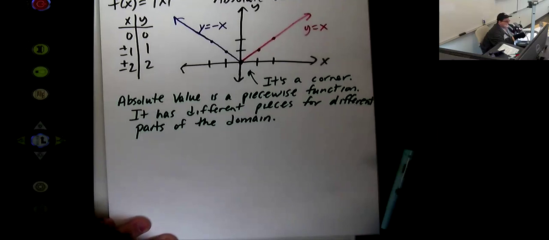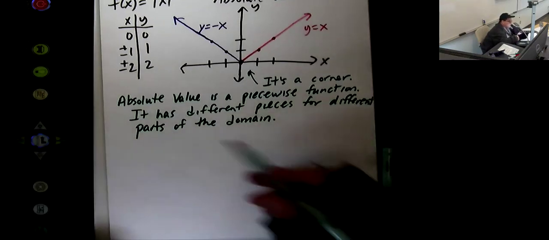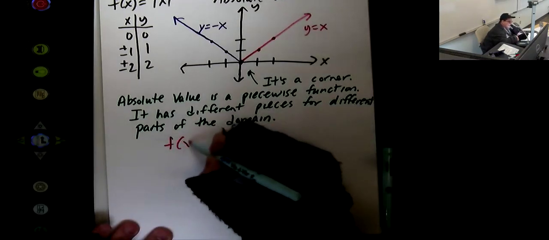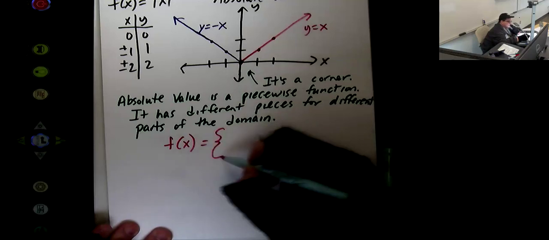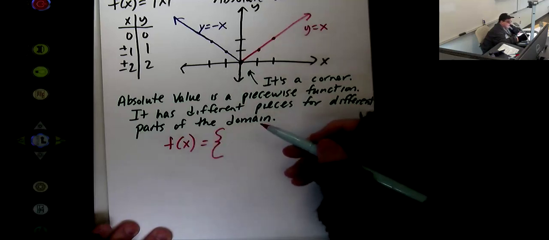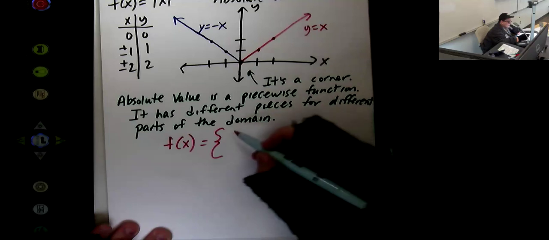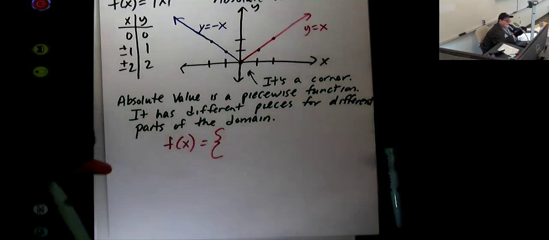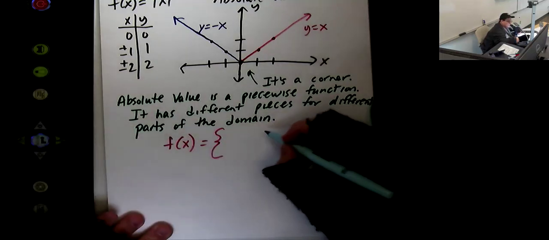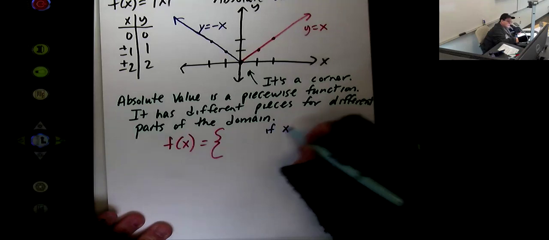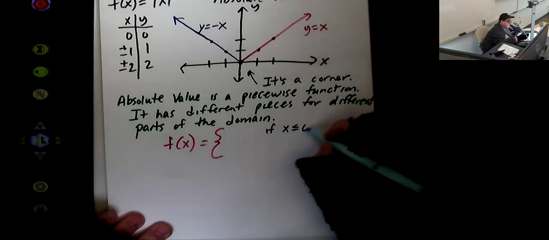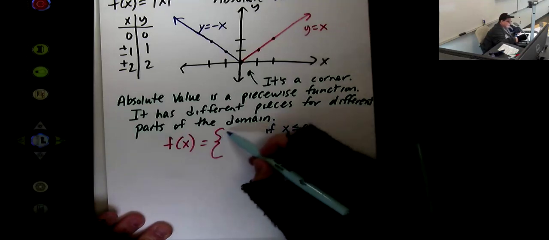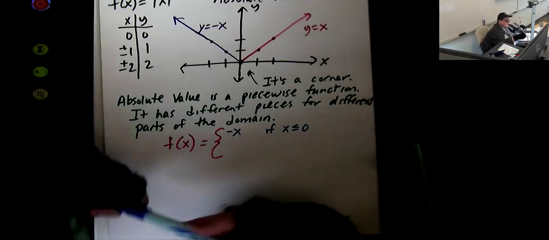How we would write this as a piecewise function: we use a curly brace. And we say what the y value is. So if x is less than 0, I can even say less than or equal to 0 for this, f of x equals negative x.